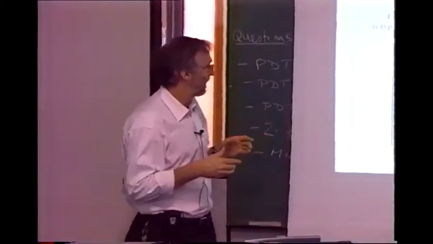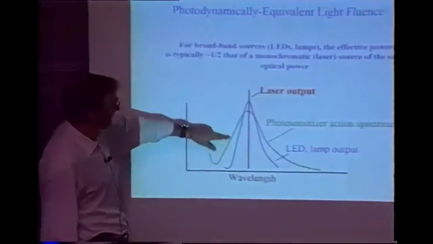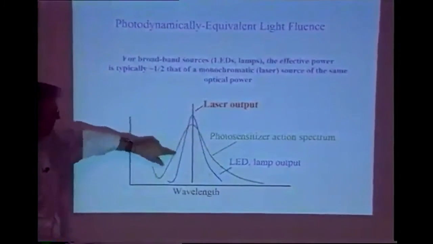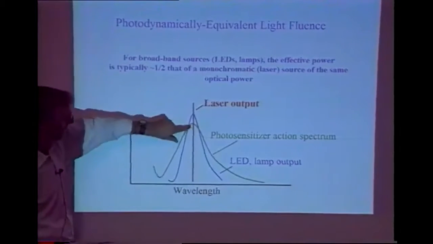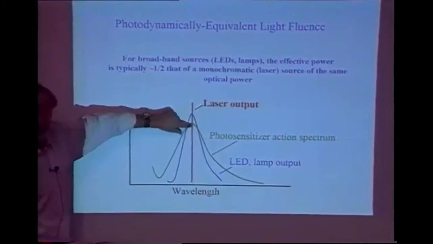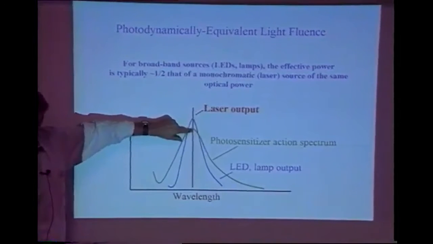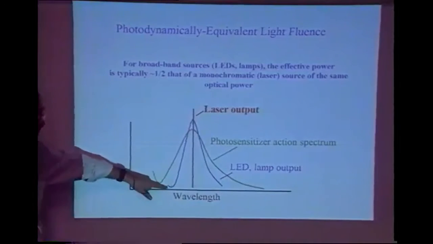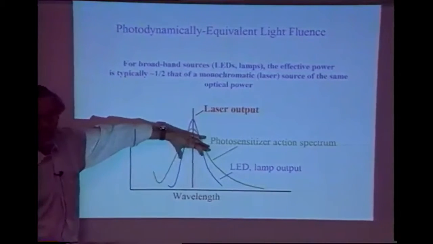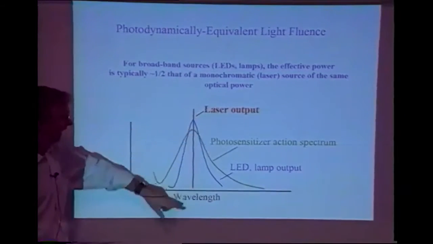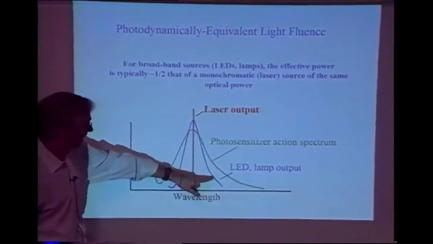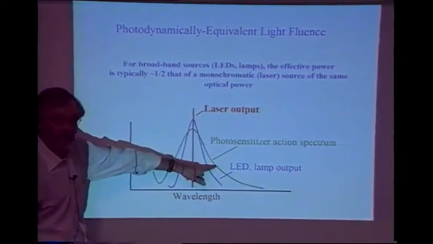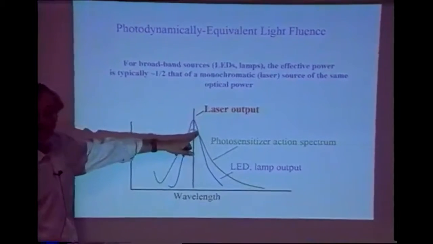And the reason is that if this is the photosensitizer peak, so this is the absorption spectrum, then a laser centered on this peak is maximally effective. Whereas if we have, say, an LED that has a distribution of output, typically this may be 25 nanometers wide, then obviously there is not the same effectiveness of this light at this wavelength as there is at this wavelength.